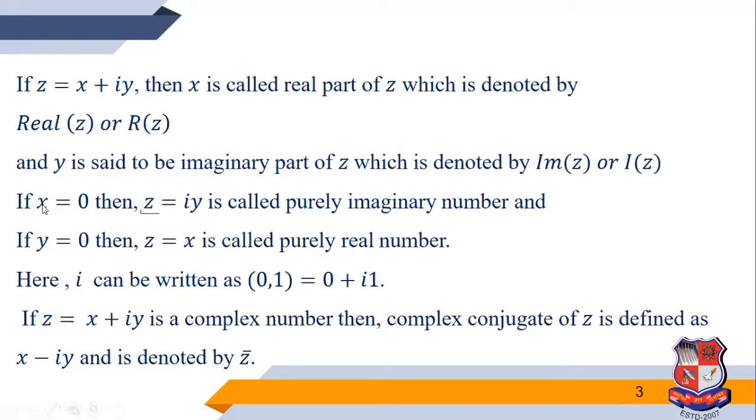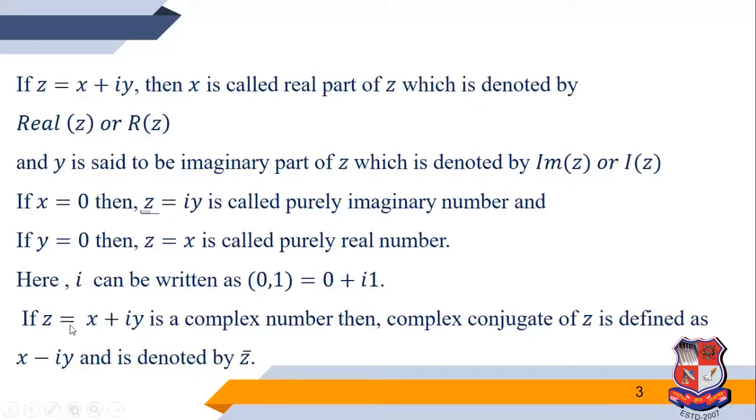Now i can be written as (0, 1), because this is the ordered pair we write in the form x plus iy. So the real part is 0 and the imaginary part is 1. So i can be written as (0, 1) is equal to 0 plus 1 into i.